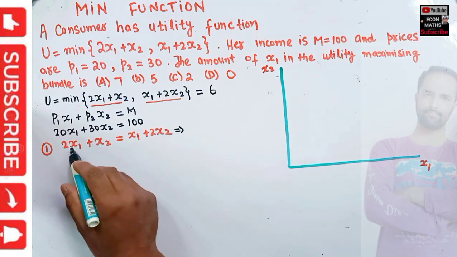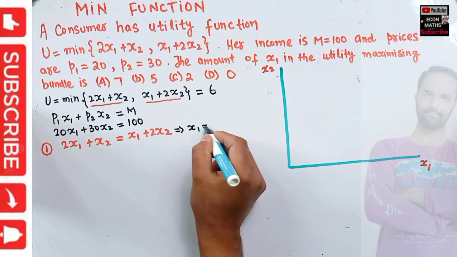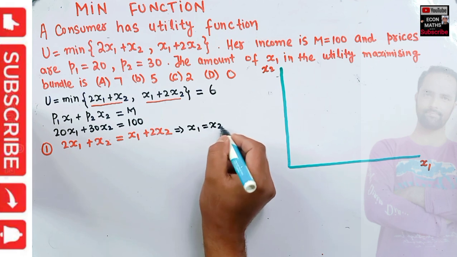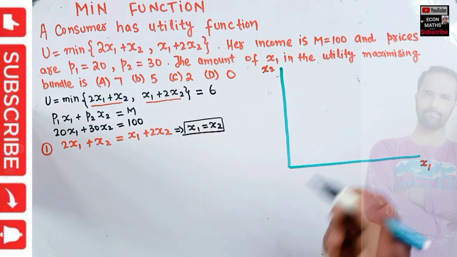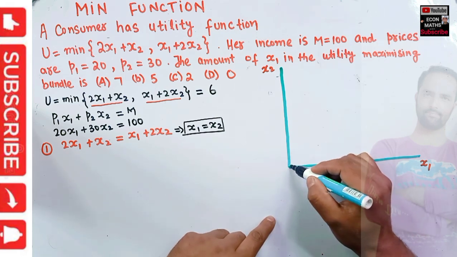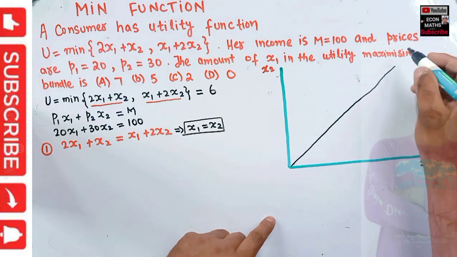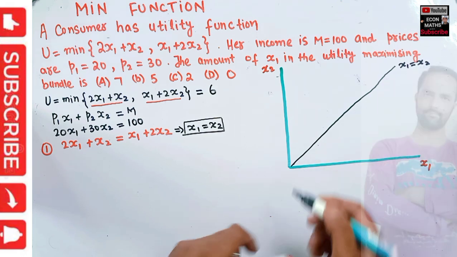When we solve this, 2x1 minus x1 is x1, so x1 is equal to x2. If we plot this, x1 is equal to x2 will look like this. We have a 45-degree line where x1 is equal to x2.